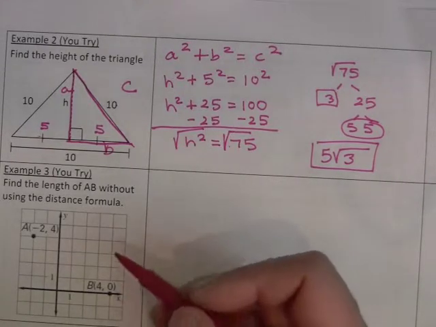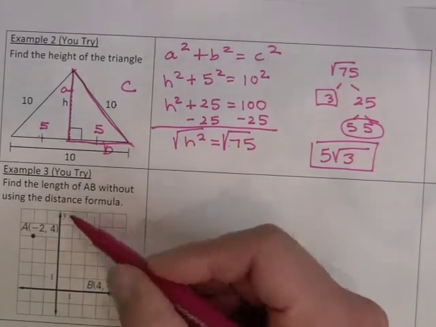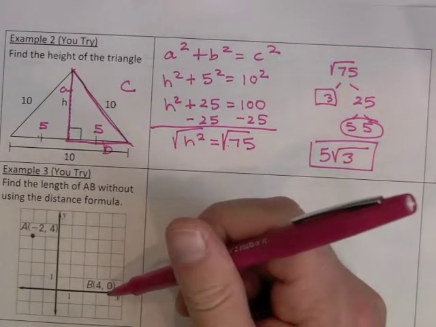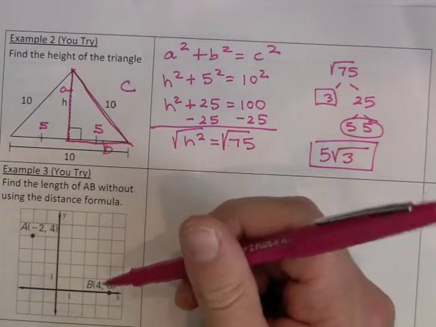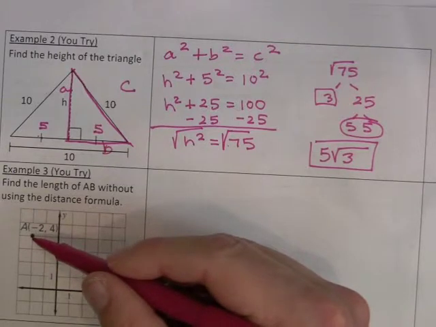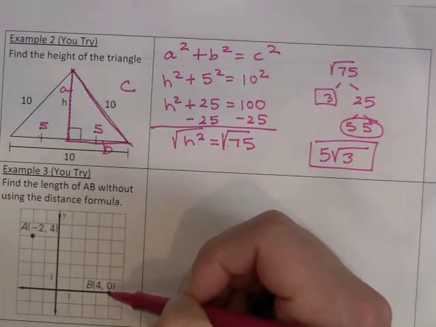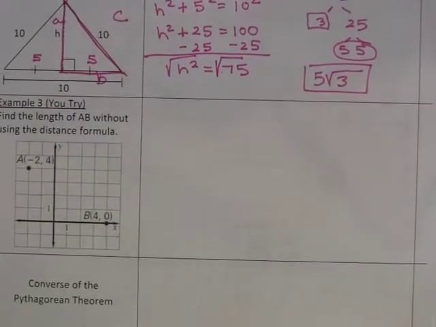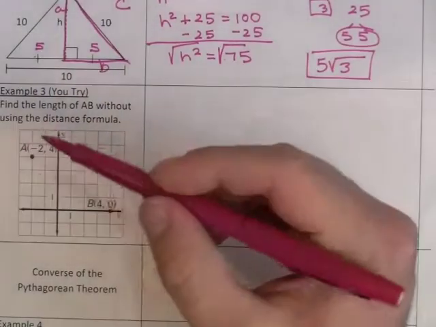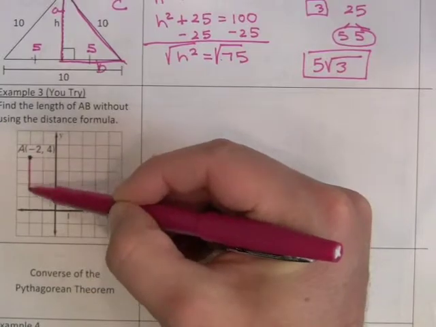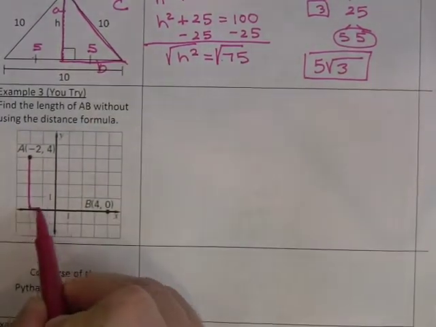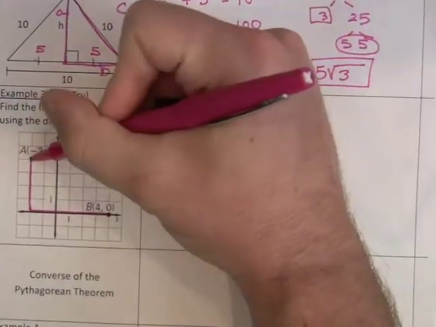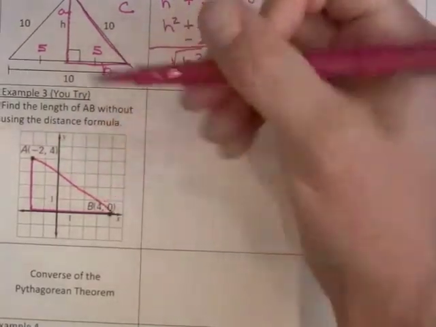Okay, in example 3, we've done some of these problems before. Remember back in Unit 1, you had to find the distance from A to B here in the coordinate plane, and I showed you how to use the Pythagorean theorem in that problem. You do that by creating a right triangle. So in essence, you can draw a straight line down here, straight line across, and down like that.